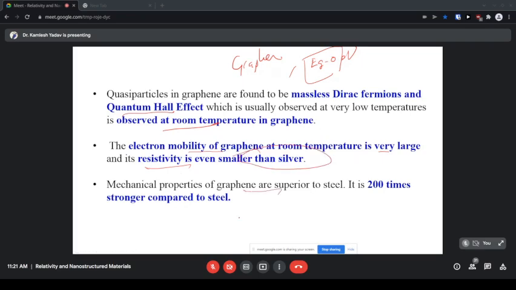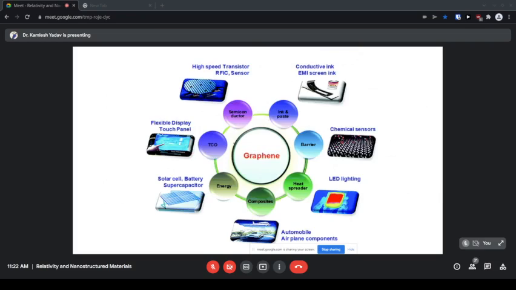And the mechanical property of this single layer is superior to steel. A single layer of graphene is 200 times stronger than steel. Graphene has many applications in physics, chemistry, biology, and so on.